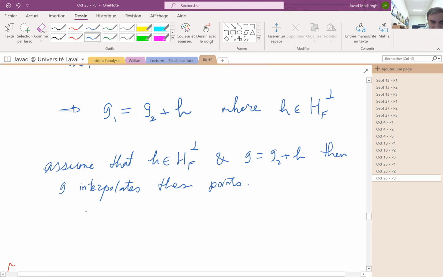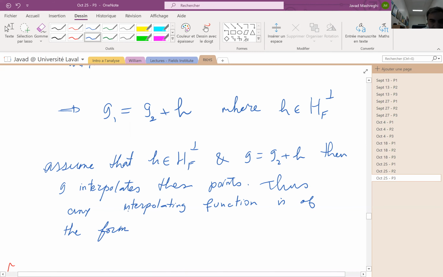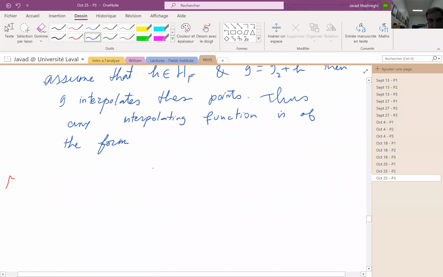Any interpolating function is of the form one function which I choose to be PF of G plus another one which is orthogonal to this space.